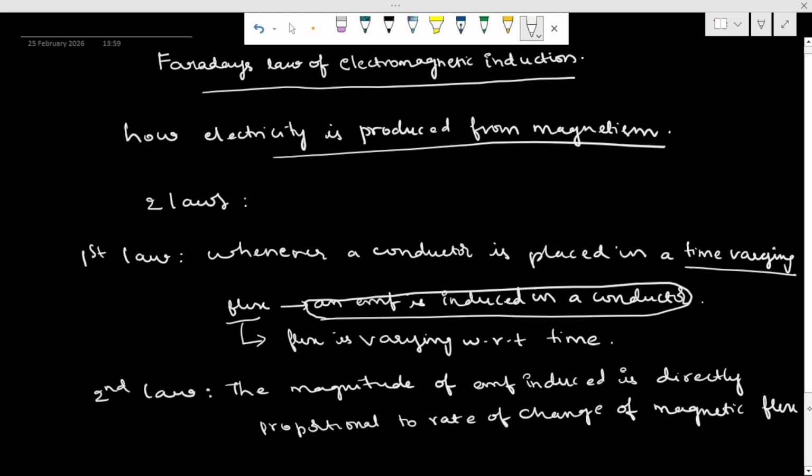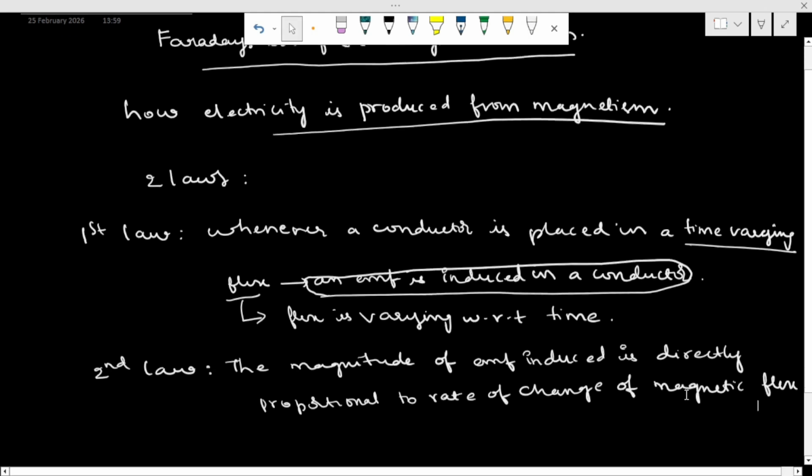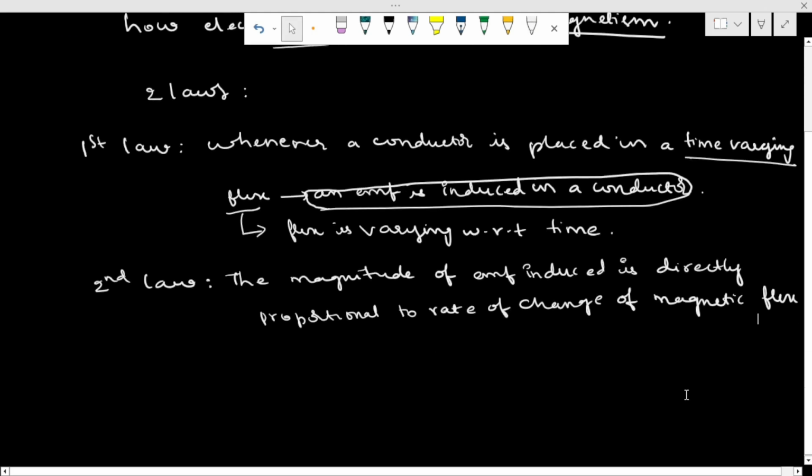Okay, this is the second law. The magnitude of induced EMF is directly proportional to the rate of change of magnetic flux.